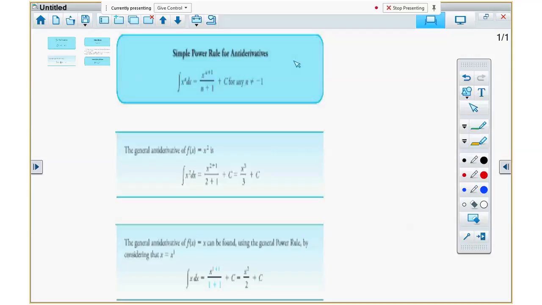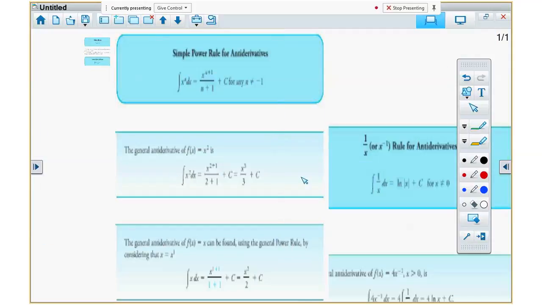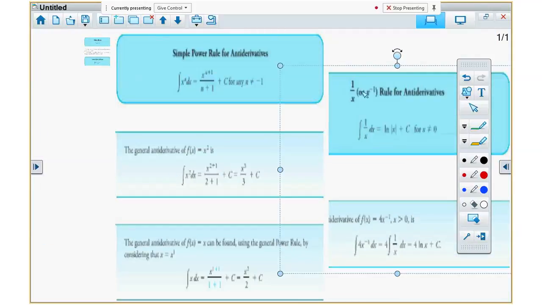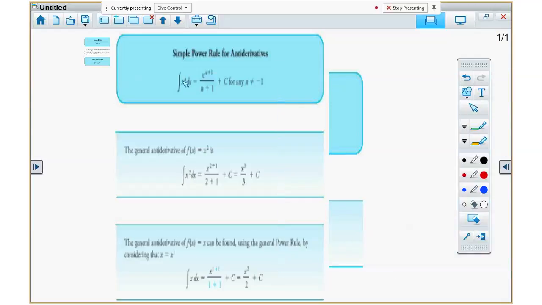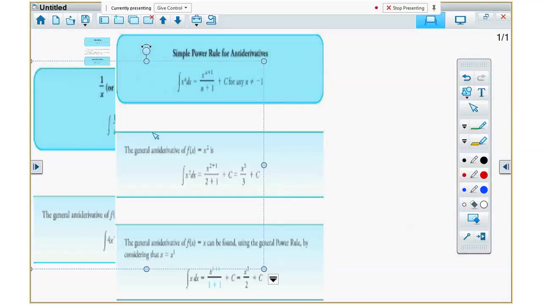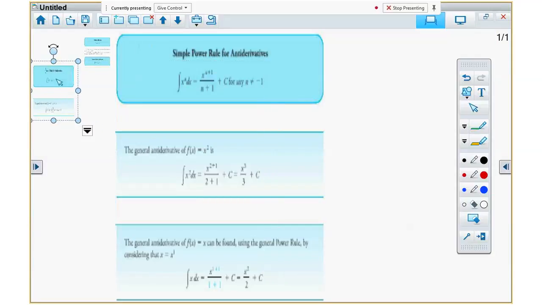Yes? Because the exponent is -1, can you still do the antiderivative of it? Yeah, that's this one right here. So if you have x squared, then that's going to be x to the 3rd over 3 plus c.